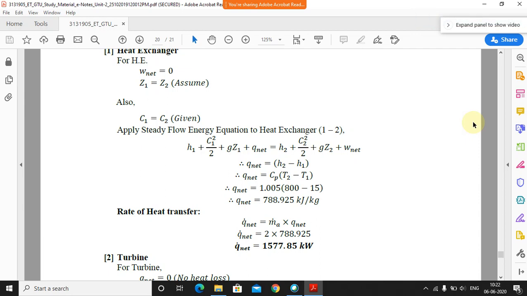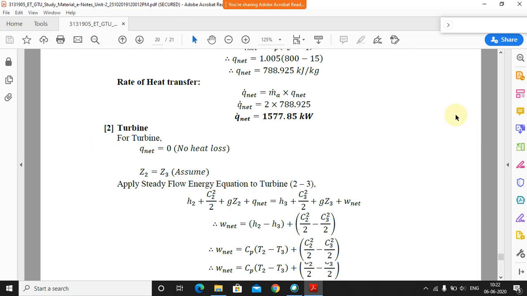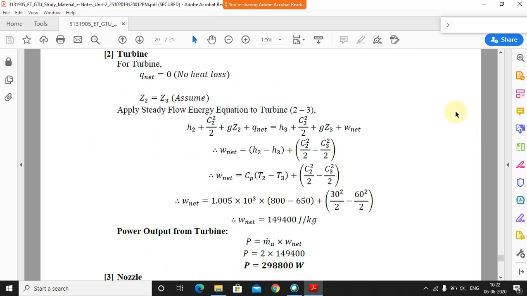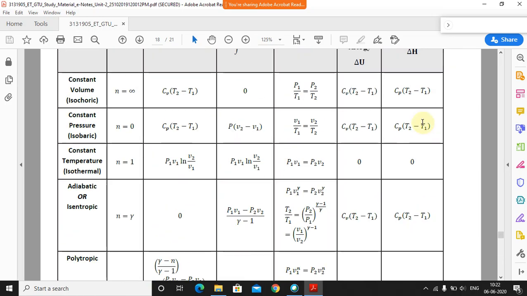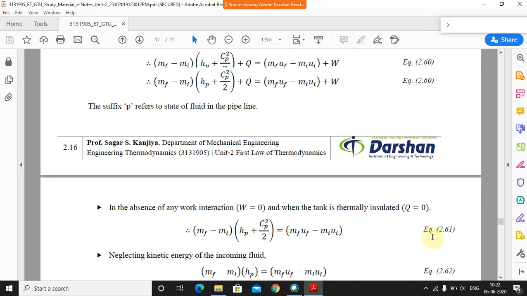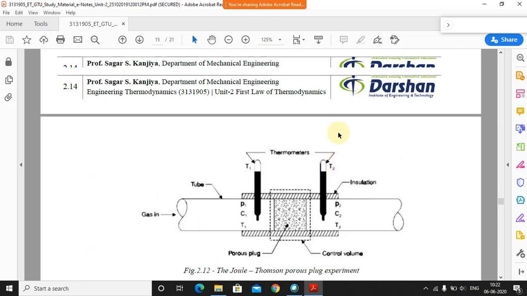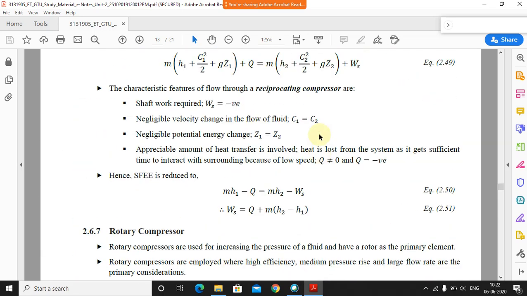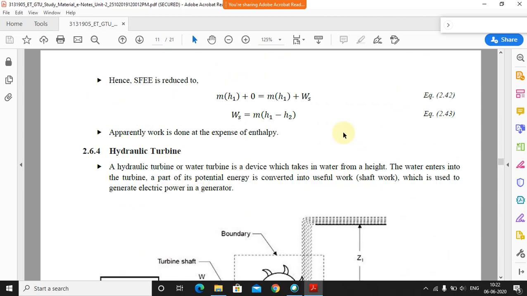Fine. So this was for the heat exchanger. Now the next application in the system is the turbine. We'll try to find out what is given for the turbine. Basically again we'll go for the equation. This is a steam type of turbine, because we have two turbines, the hydraulic turbine and the steam turbine, right?